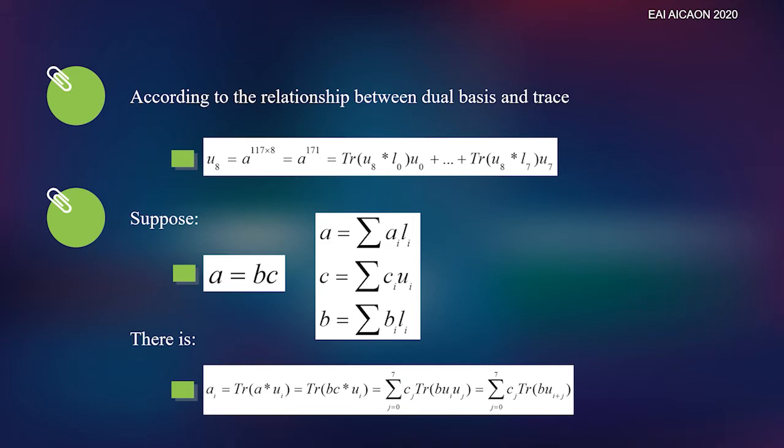Through calculation, the iterative relationship can be obtained for the following multiplication operation. Suppose A equals B times C. The above formula is given. From this we can get the second formula.